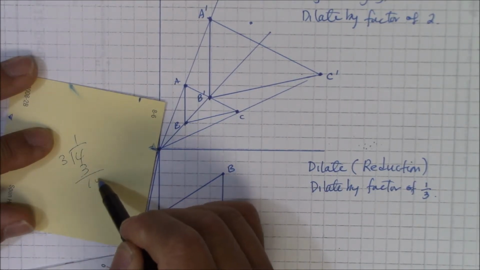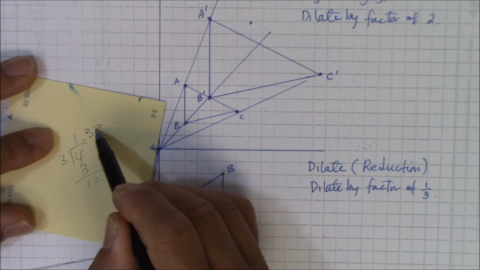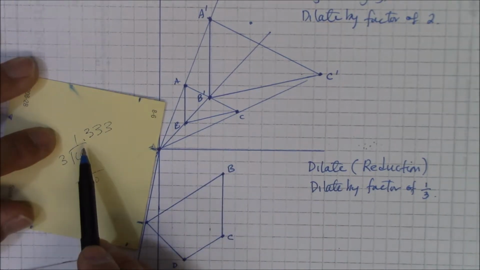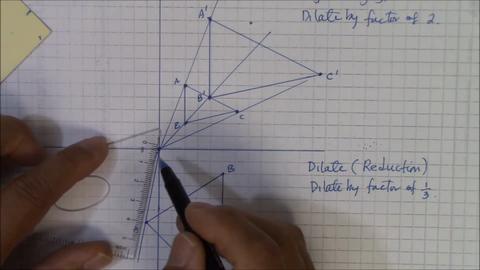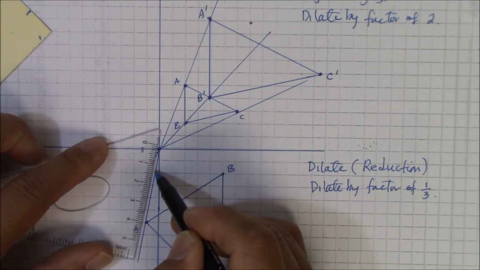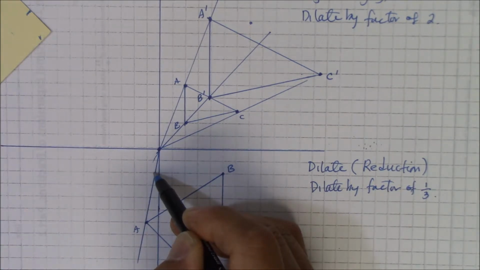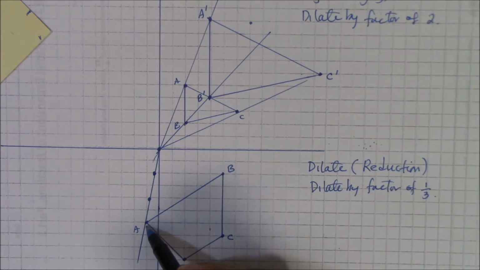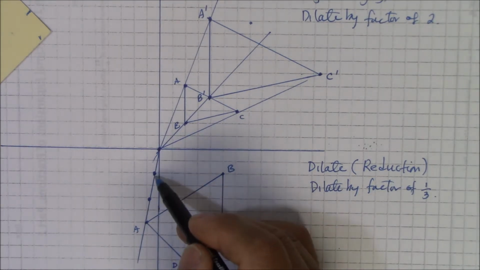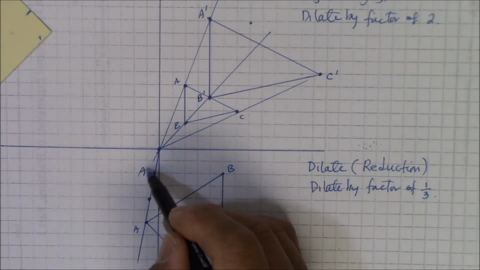It's about 1.33333. So it's going to be about 1.3 around here. And you know what? I'm going to eyeball it. Here's 1, here's 2, and here's, ta-da, 3. So it's 1/3. If this is A, this is going to be A prime.